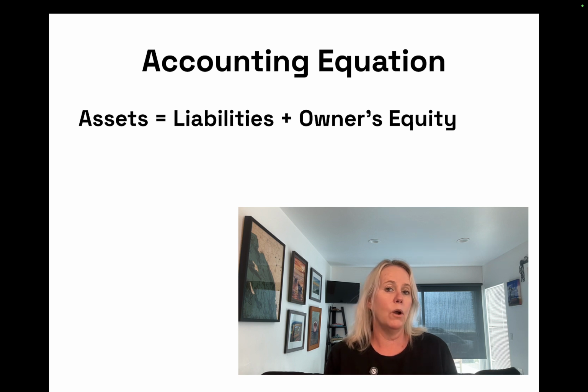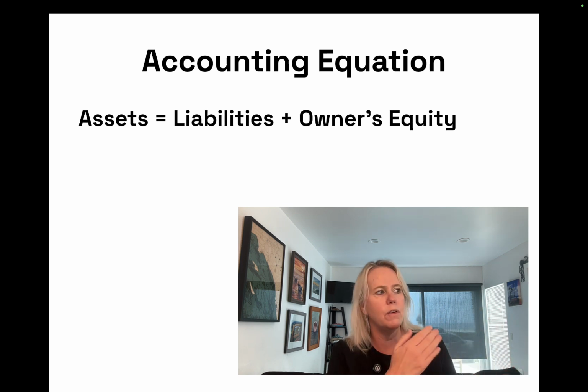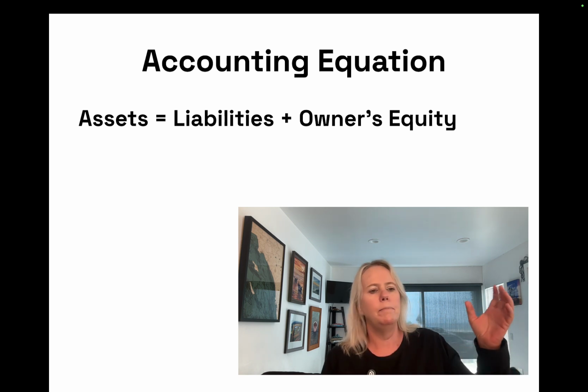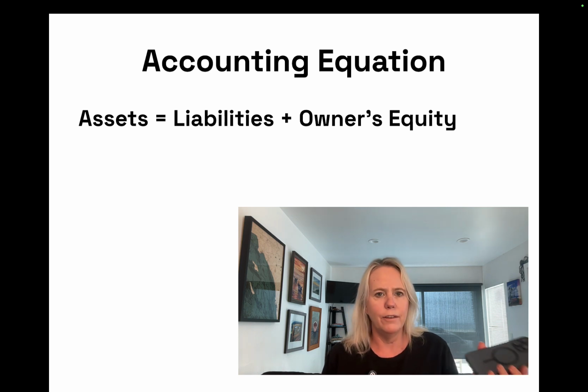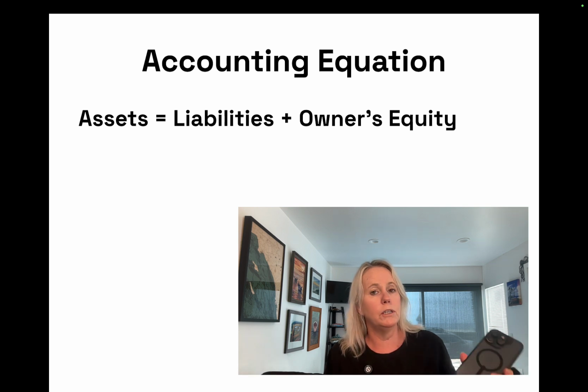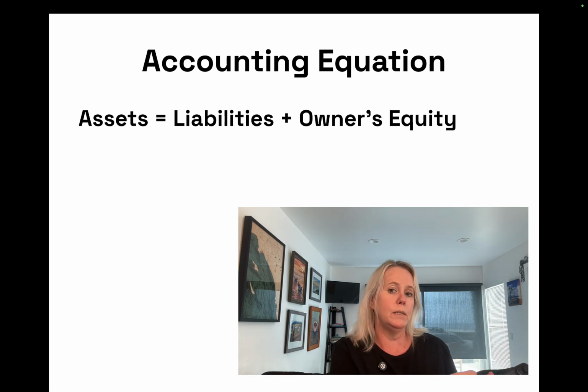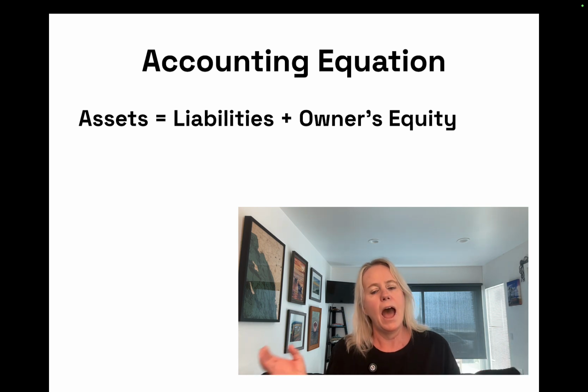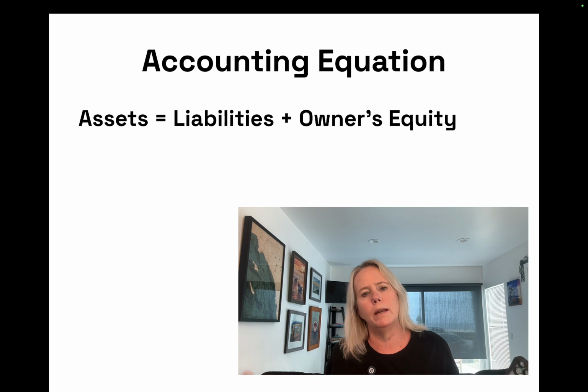Your assets are what you purchase, all of the things that you own. Because I own an iPhone for my business, for example, I have used some of my personal savings to purchase that iPhone, and I'm converting it to a business asset. So I have an asset, and I've also created some equity by putting my own money in the business.